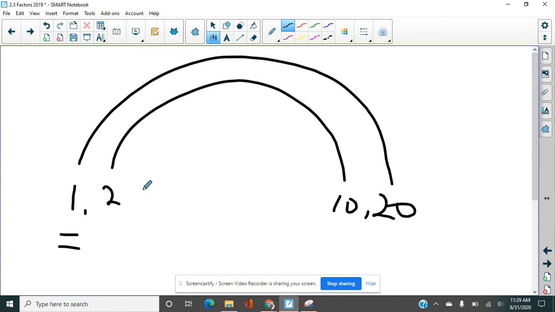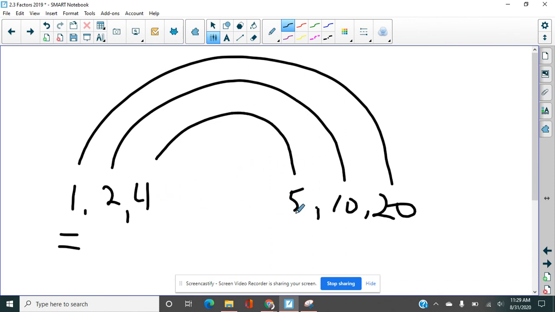No. 3 times 6 is 18, 3 times 7 is 21. So nothing would equal 20. How about 4? Can we do 4 times something and get 20? Yes, we can. 4 times 5 equals 20. All right, what would be next?